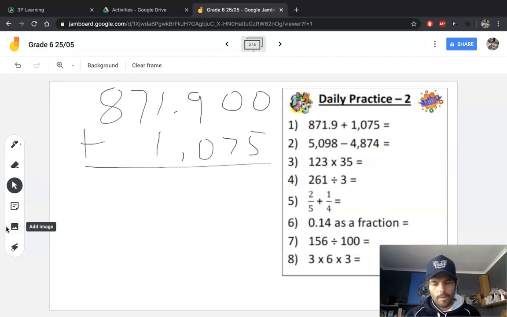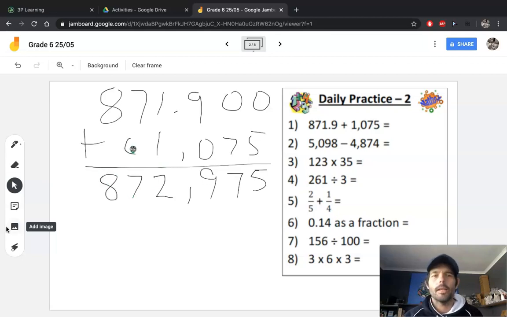So 0 plus 5 is 5, 0 plus 7 is 7, 9 plus 0 is 9. Okay, then we get the 1 plus the 1 is 2, and 8 and 7 are added to 0, so they stay 8 and 0. So the key there was to make sure you put the number 1s in the same column. Okay, that's the most important part.